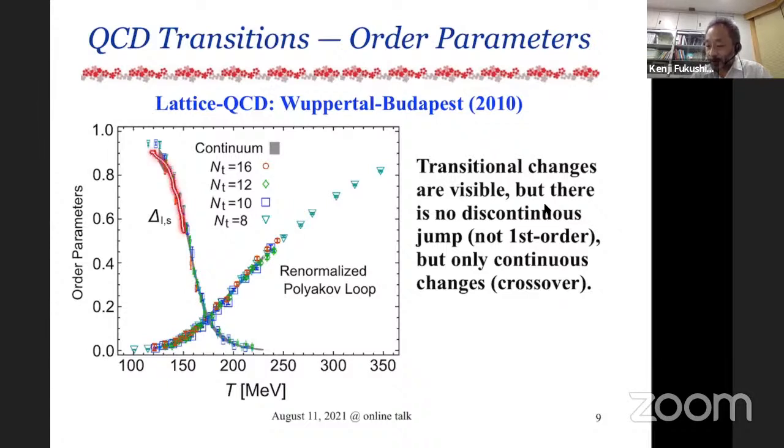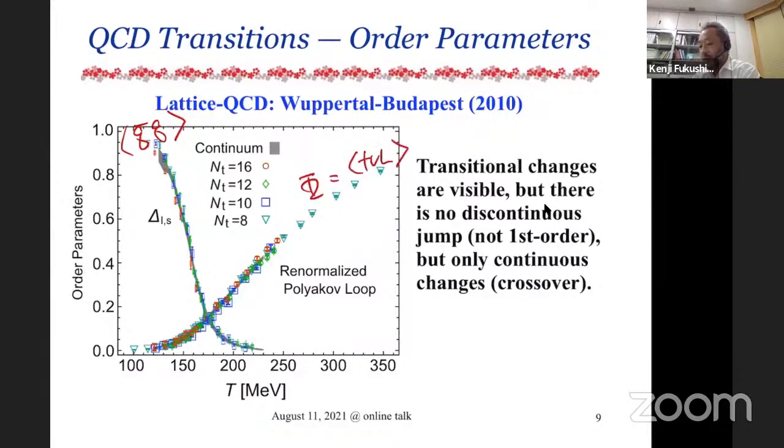This curve shows the behavior of the chiral condensate, the q-bar q expectation value. And this one is the Polyakov loop, in my notation, the trace L.